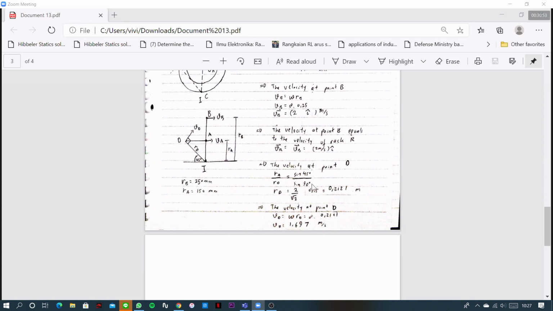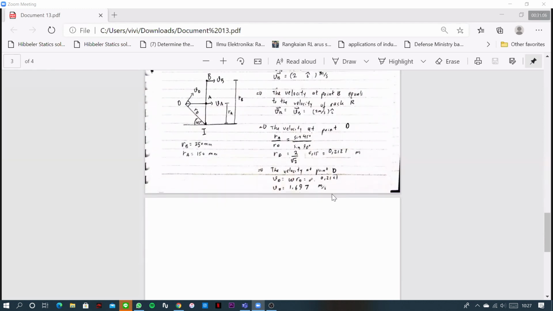We find it with the law of sines, and then we get the radius of D is 0.2121 meters. And then after that, we can get the velocity at point D equals omega times RD, and then we get the velocity of point D is 1.697 meter per second.